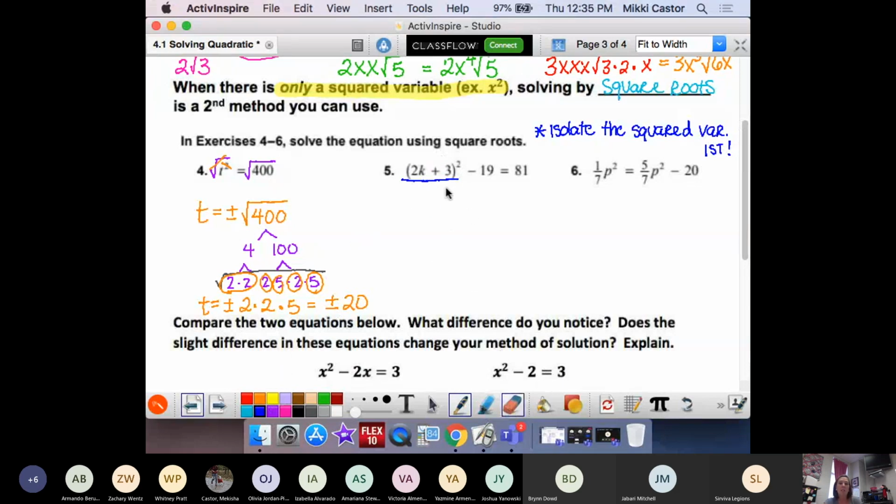So what I want to do is actually get rid of that negative 19 over there. So we're going to add 19 to both sides to get rid of the 19 that's there. So that's going to give me 2k plus 3 squared equals 81 plus 19 would give me 100.